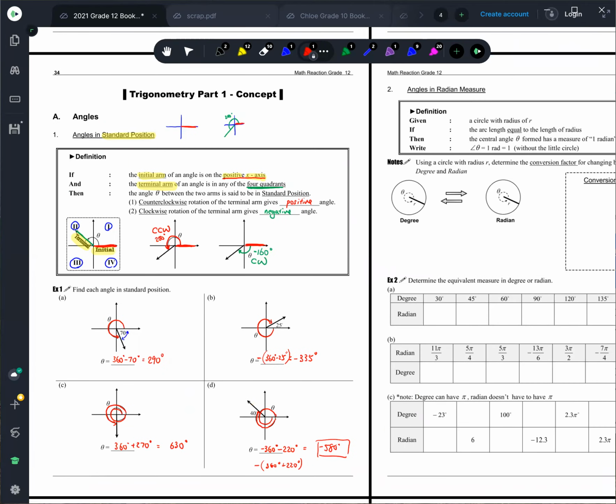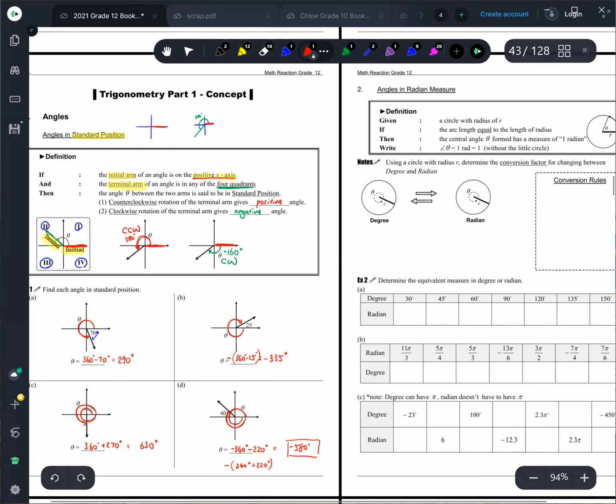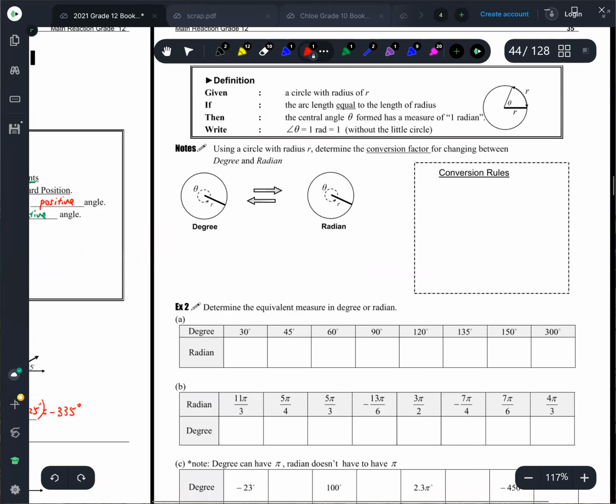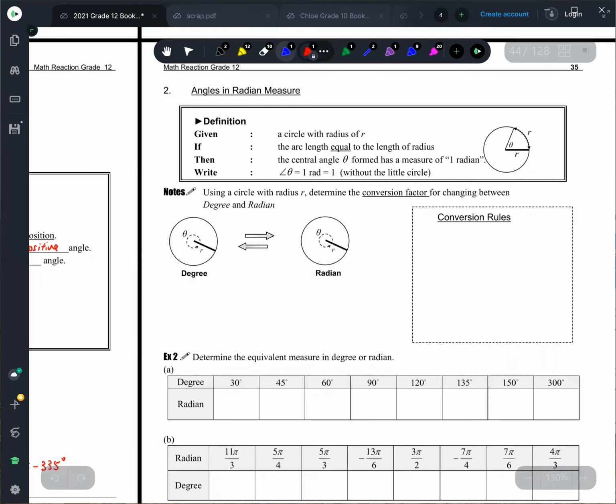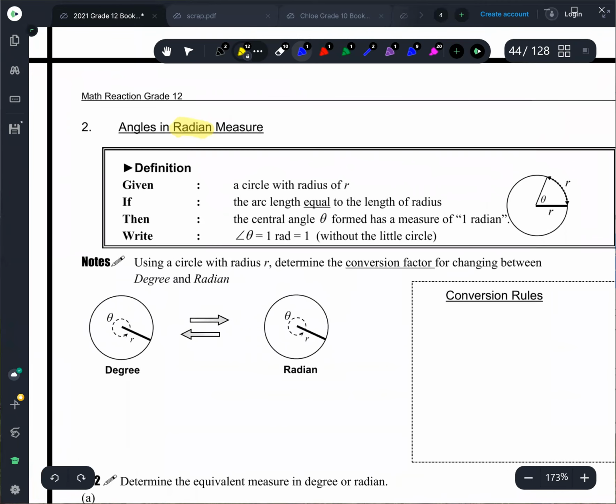So right now we know how to draw the angle, right? And then the next part is talking about the angles in radian measure. Radian. So this is a new word, maybe for some of you. Radian sounds like the word radius. So it has to do with radius. Measure means you measure the angle, right?